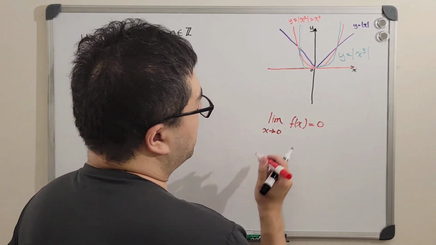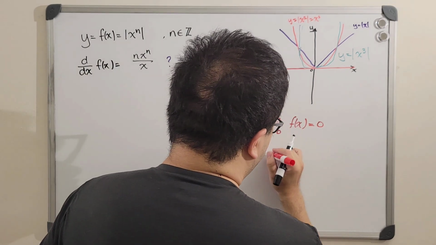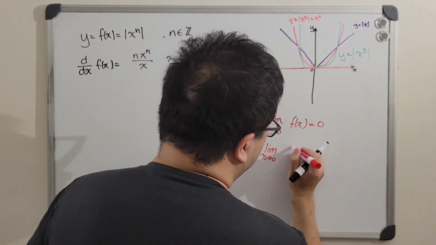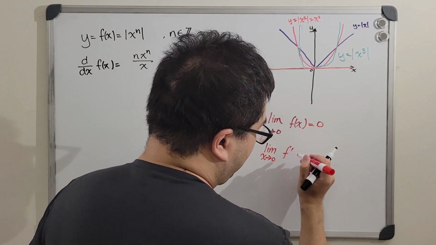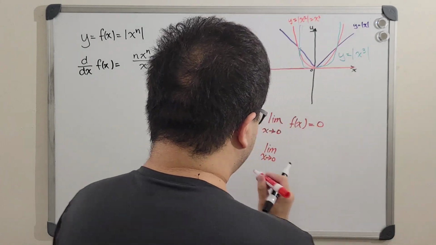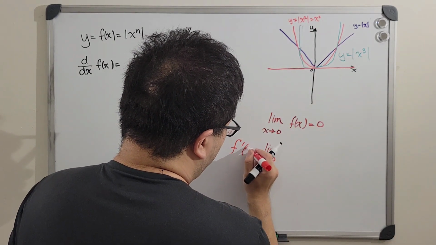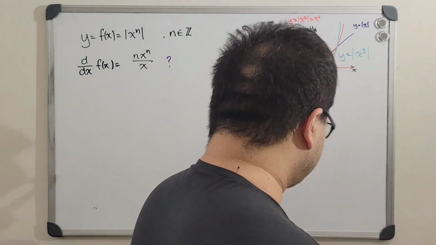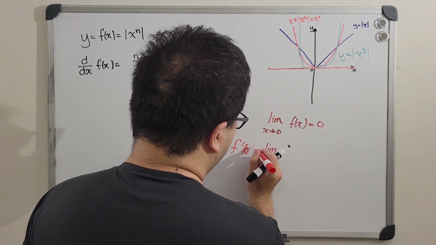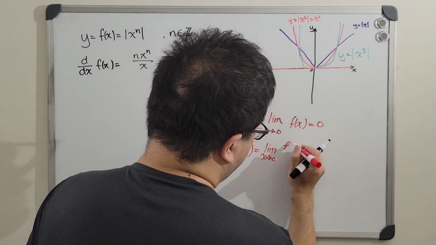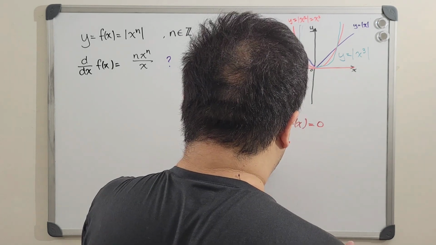And also, to show the continuity, we are trying to use the limit definition of the derivative at a certain point, in this case at 0. You can put it this way.